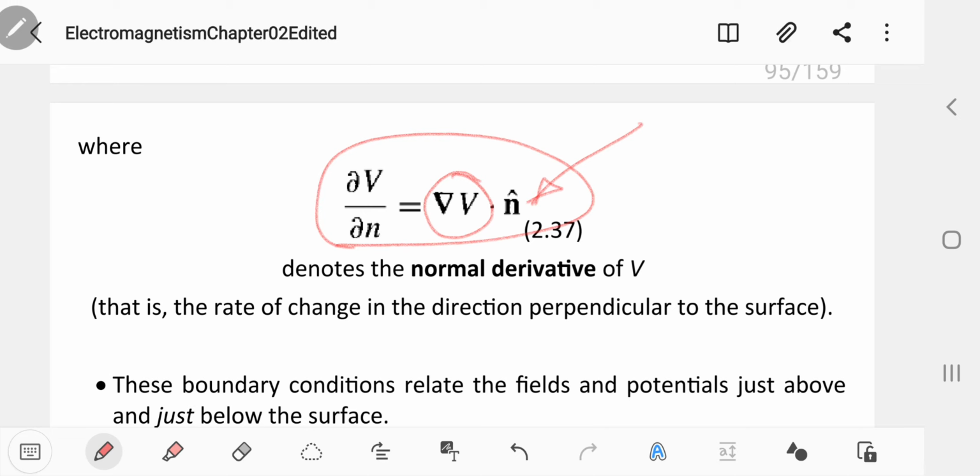For example, in Cartesian coordinates, if the x-axis is normal to the surface, then this n would be x. In cylindrical coordinates, of course r is always normal to the surface of the cylinder, and for a sphere r is also normal to the surface, so it would be r. So n would just be the normal direction.